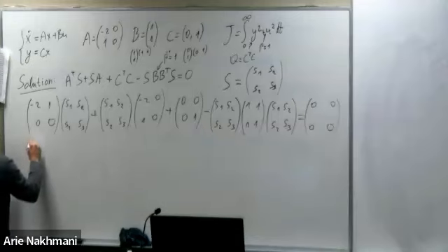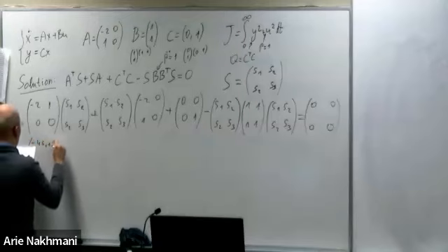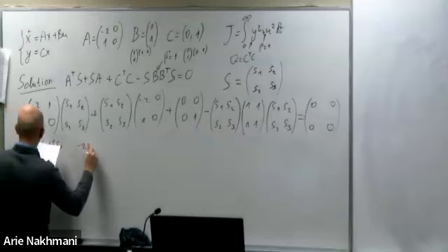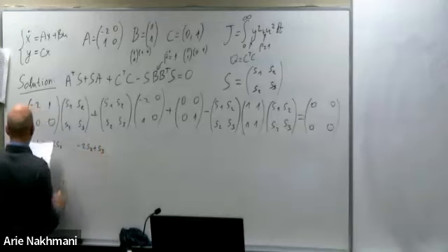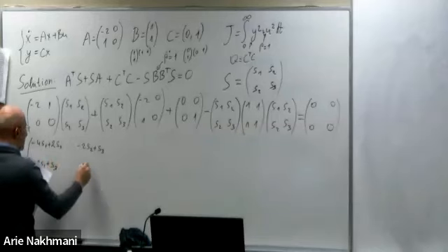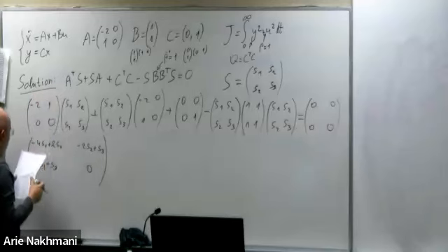So let's write it more explicitly. The first matrix will be [-4S1 + 2S2, here you have element -2S2 + S3; and here you get -2S2 + S3 and 0]. This is the first matrix from that part.